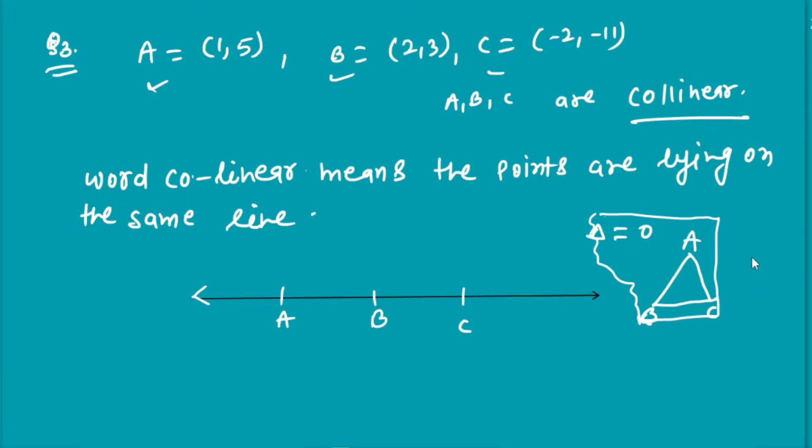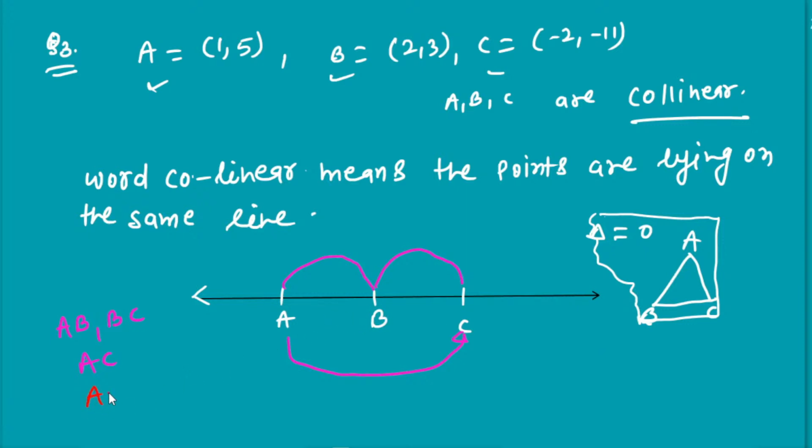This is one way. A very simple way is to find the distance between the points. You first find AB, then you find BC, and then you find AC.